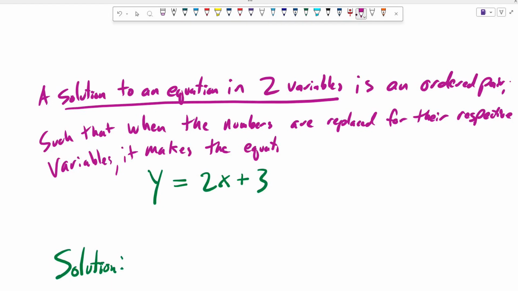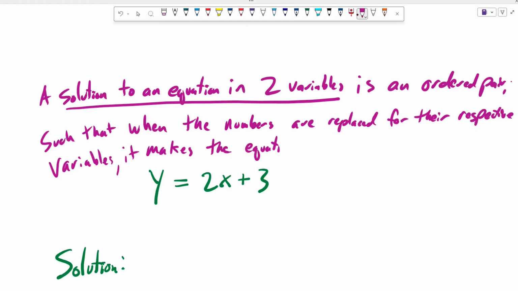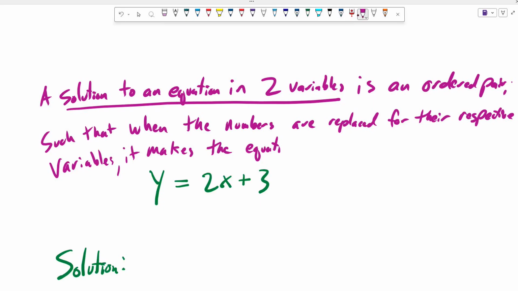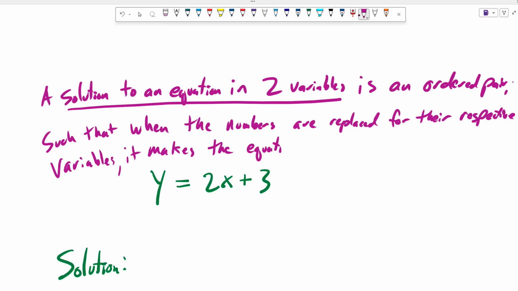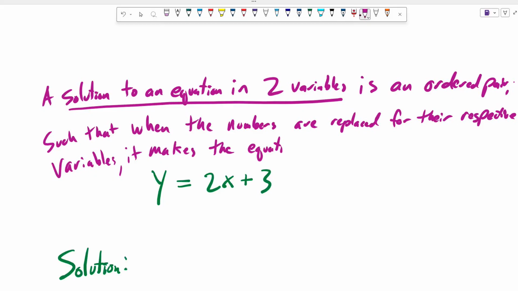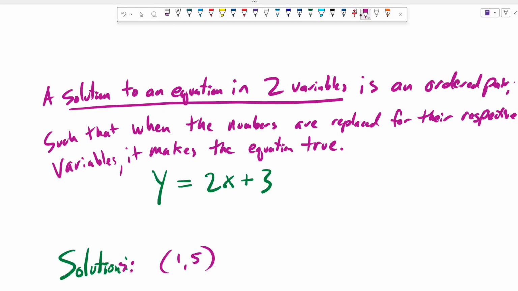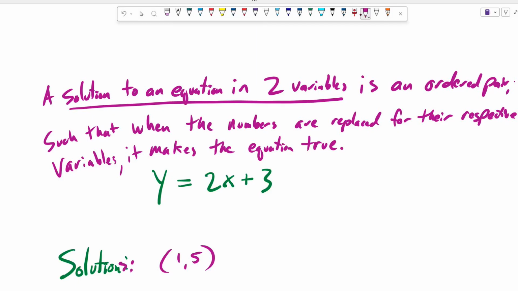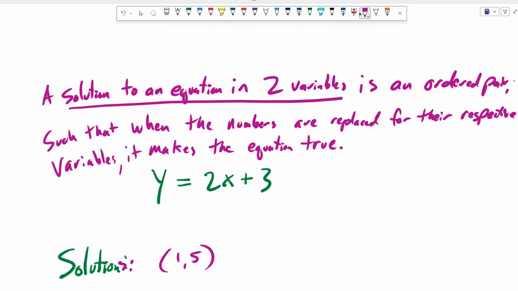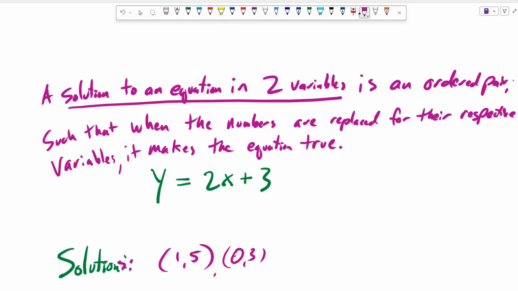So it's not a number, it's two numbers. We call it an ordered pair, such that when the numbers are replaced for the respective variables, the x for the x and the y for the y, it makes the equation true. So 1, 5 is a solution.